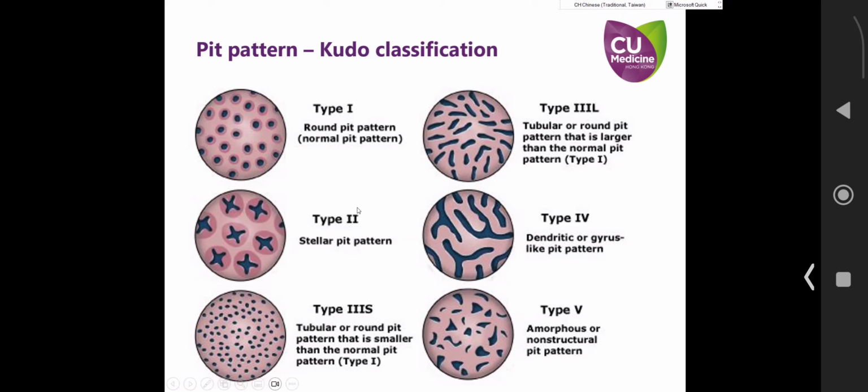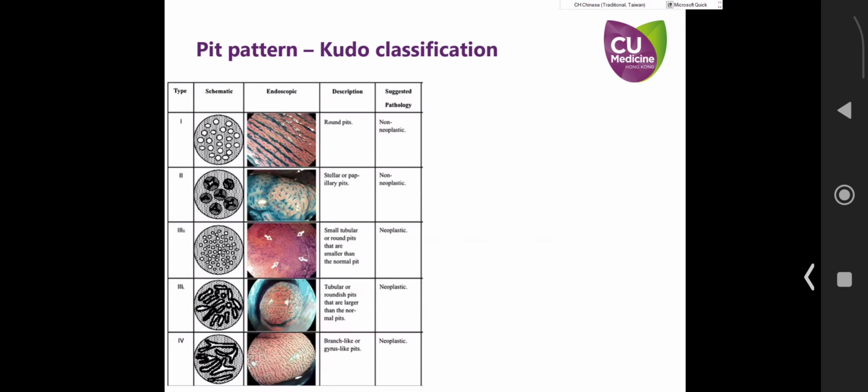But if the lesions become more dendritic-like or gyrus-like, then it's more suggestive of tubulovillous lesions. But if you can't see any structure patterns at all, then it may signify a cancer, in fact. So these are the real situations, the pit patterns highlighted by the chromoendoscopy here.